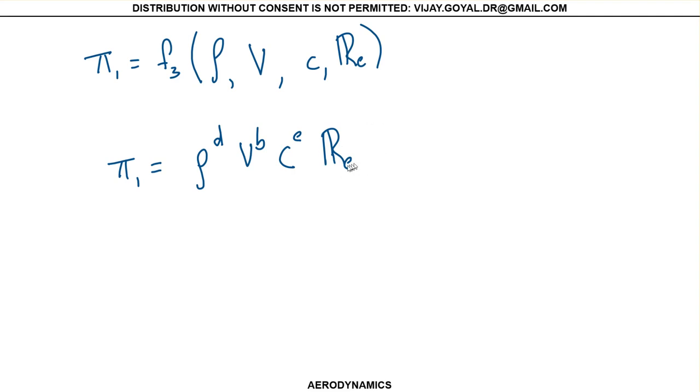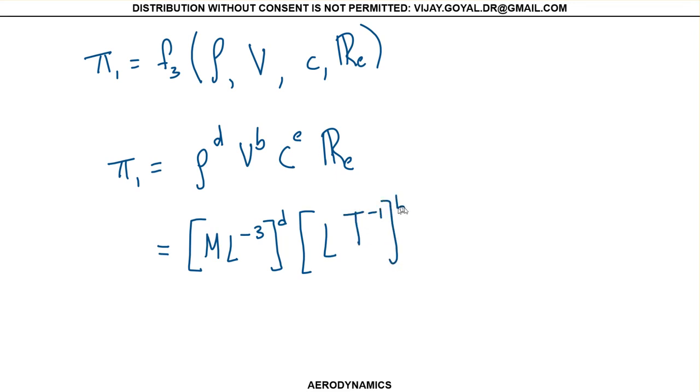Okay, so we know that this is also equal to, if we just use our dimensional analysis, we know this is m l to the minus 3 to the d, this is l t to the minus 1 to the b, this is l to the e power, and also I know my Reynolds number.